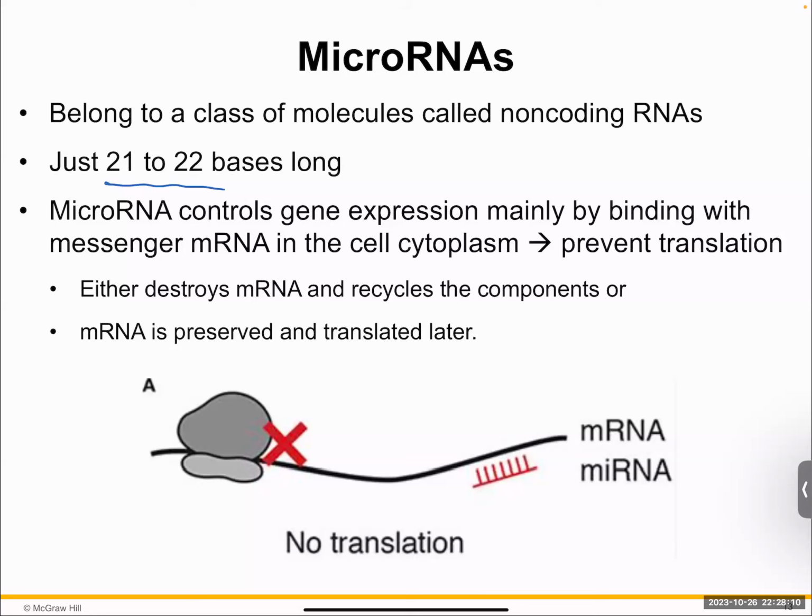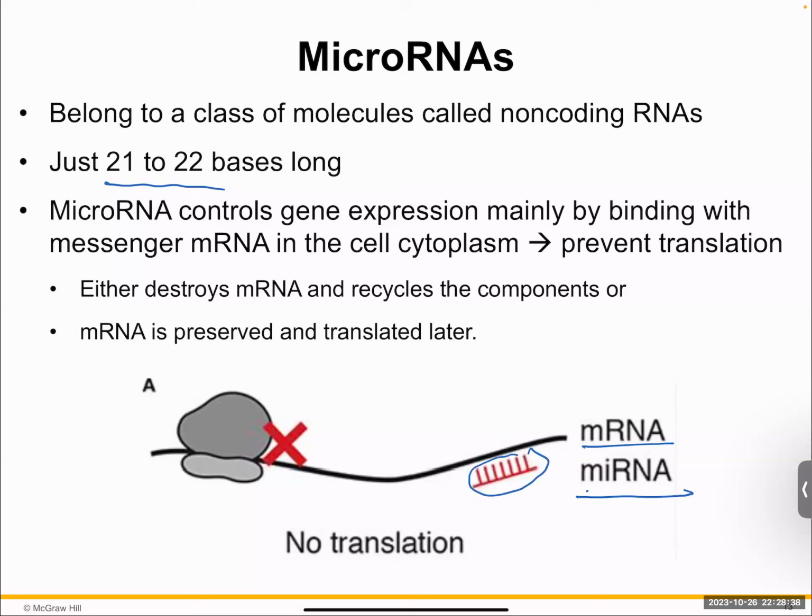So basically 21 to 22 nucleotides put together. And remember, your mRNA or your genes can be thousands of nucleotides long. So this is a very small sequence, and you can see that if this is your mRNA, the microRNAs or miRNAs are relatively small.